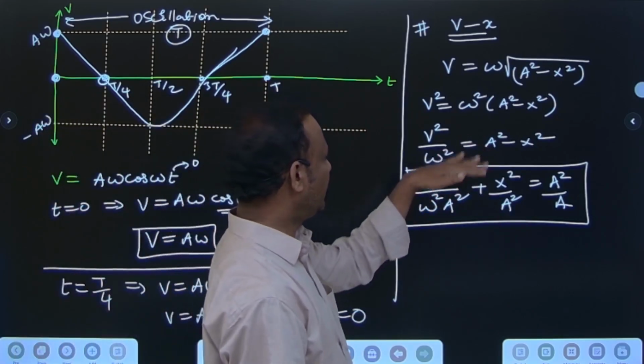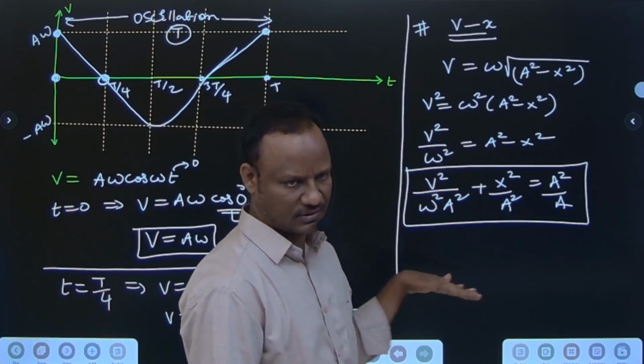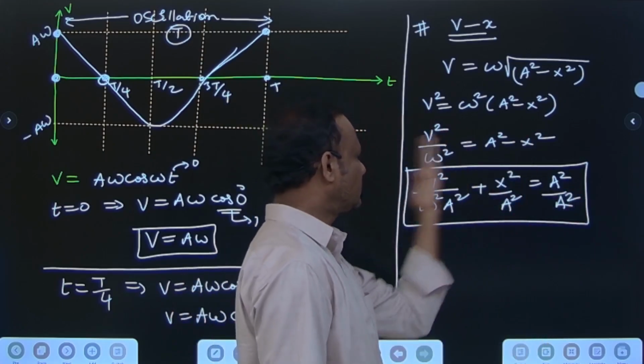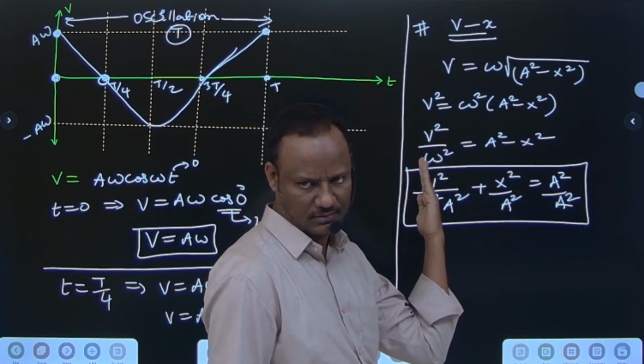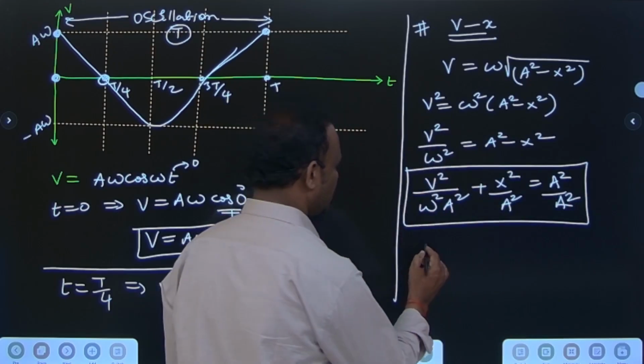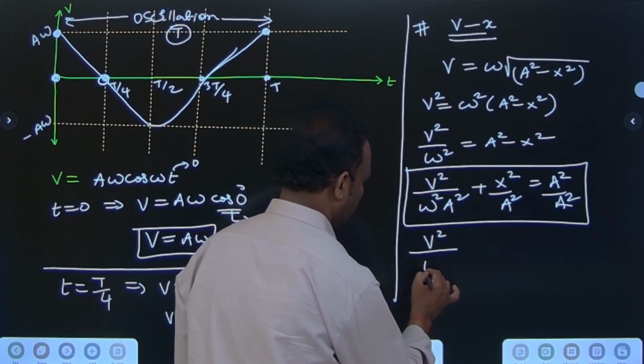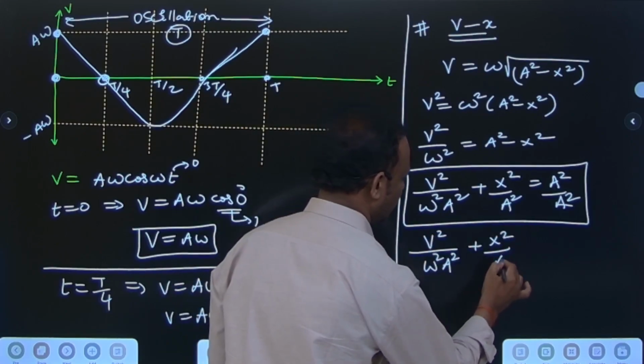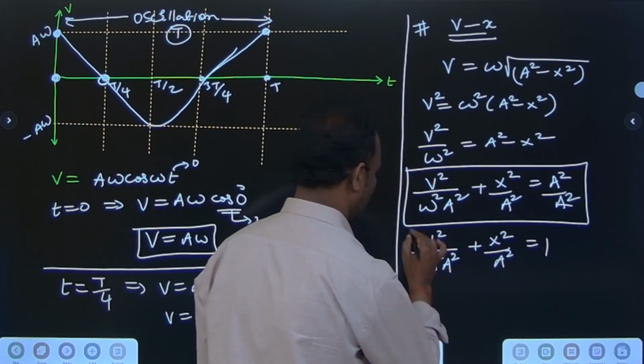V square by omega square a square plus x square by a square is equal to a square by a square. Do you agree with this? Careful. Bring x square by a square here. So V square by omega square a square plus x square by a square is equal to 1.